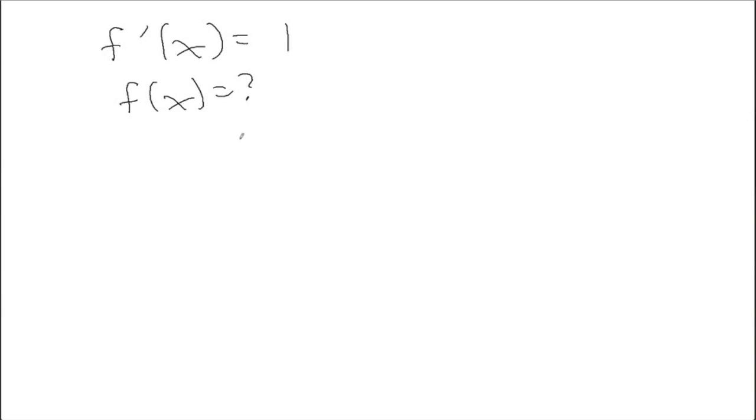Let's try this one. F prime of x is 1. So f of x is x plus c. Like this? Yep. What's the derivative of x plus c? Just 1. That's right. So that works. Excellent.